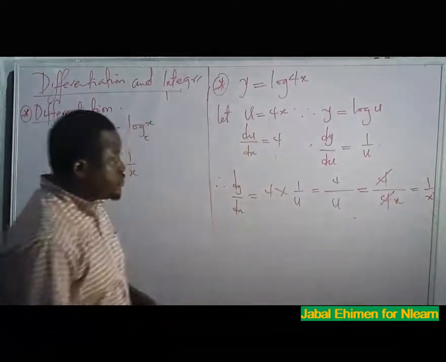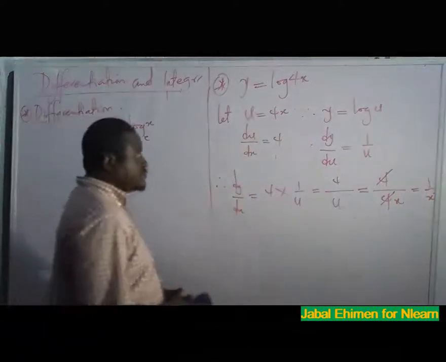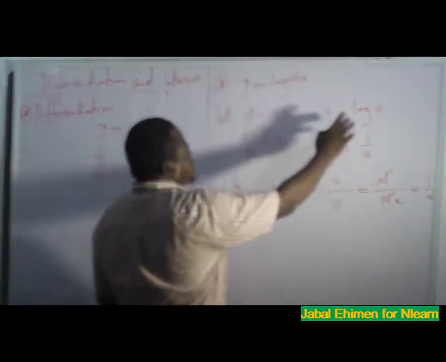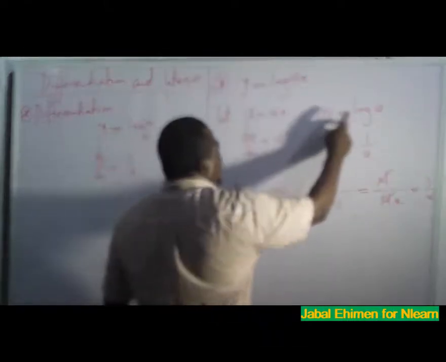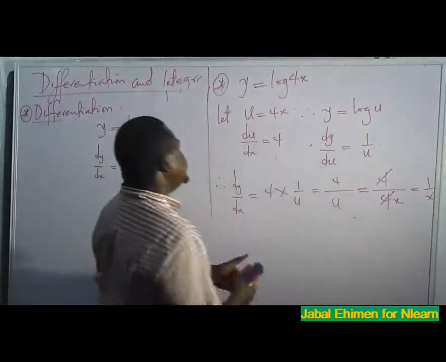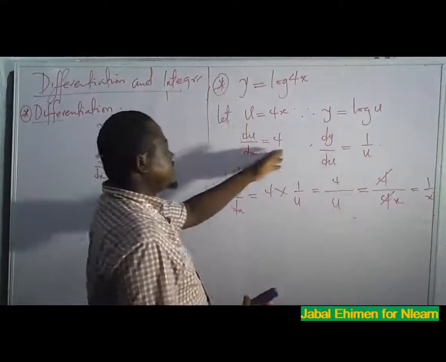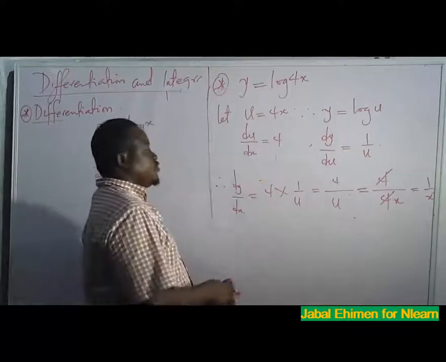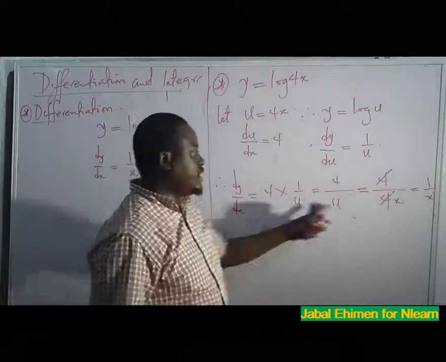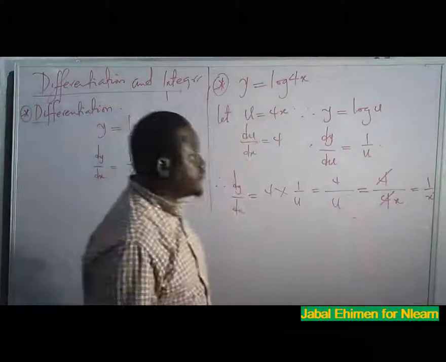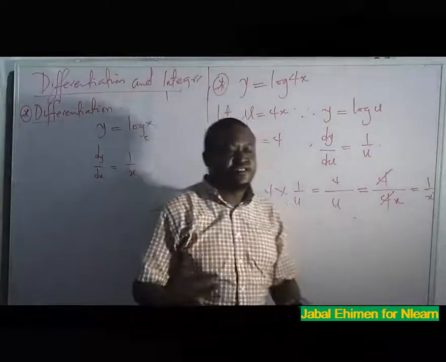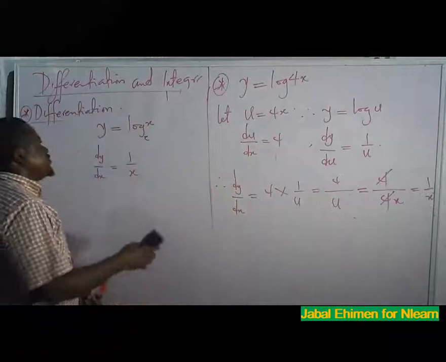So normally, dy over du of y is equals to log u is 1 over u, and du over dx gave me the value of 4. So what do you need to do? The dy over dx is times that, and you have your 1 over x. Good. It's easy.